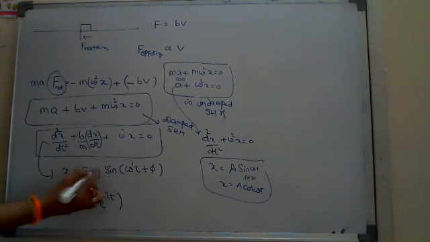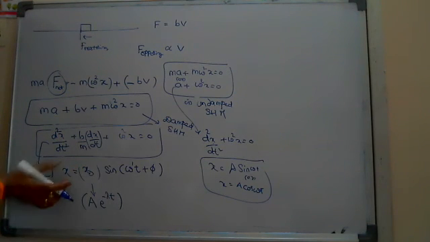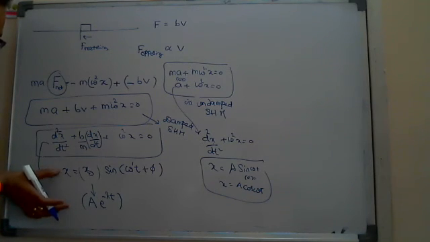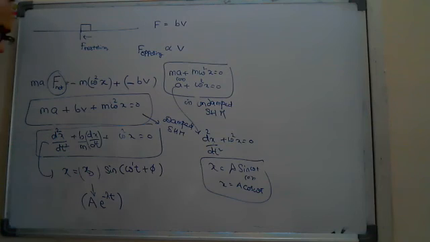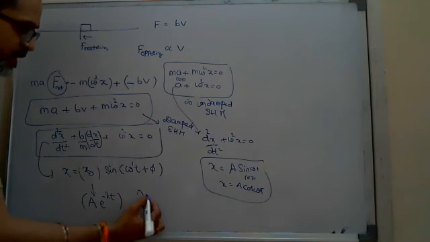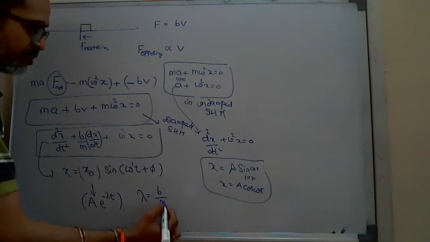So here in place of x you substitute, differentiate this one with respect to time, substitute here. Again differentiate, 2 times you differentiate, second order you substitute here, solve this equation, you will get the lambda value. That lambda value after solving, you will get that is equal to b by 2m.